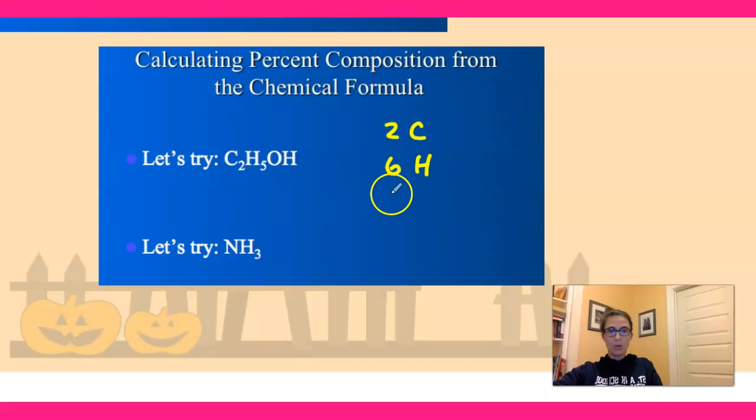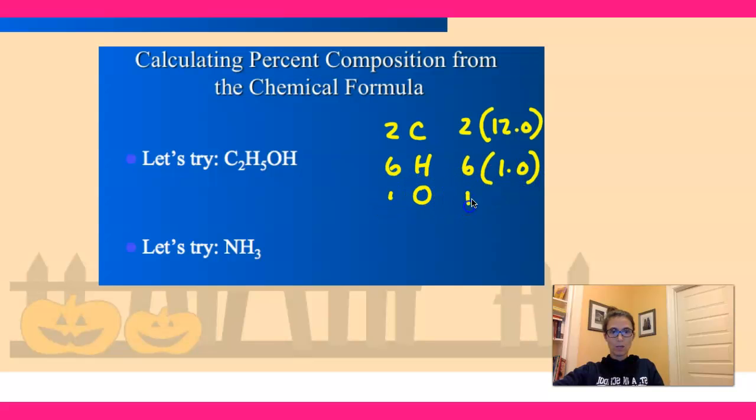And then we have 1 O. Now we're going to calculate this just like we would calculate a molar mass. Then we have 6 times 1, and then 1 times 16. We add that up and we get 46 grams per mole.